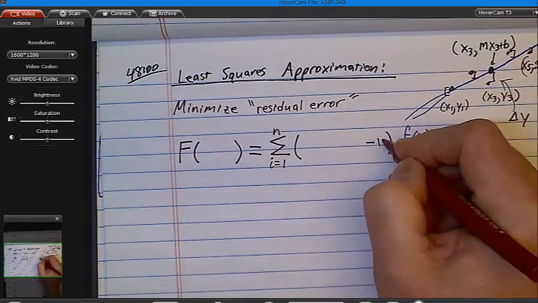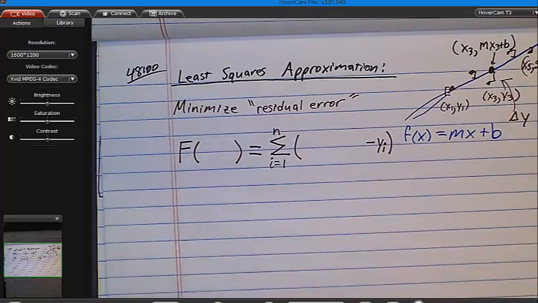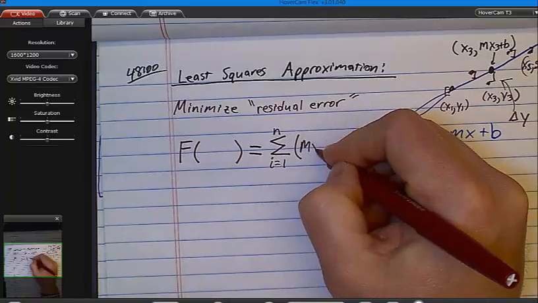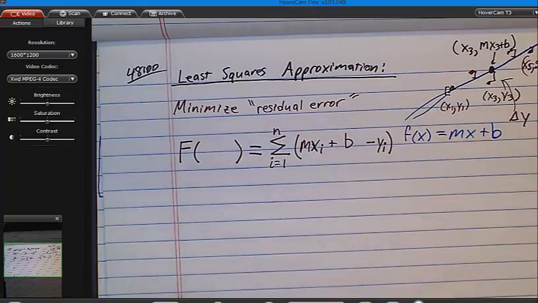I'm going to subtract yi. I'm going to subtract each of the y's from what? What do I subtract y3 from? Tell me what to put here, guys. mxi plus b, that's right. mxi plus b.